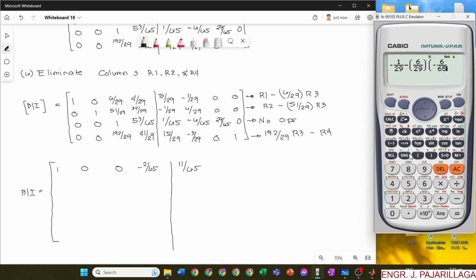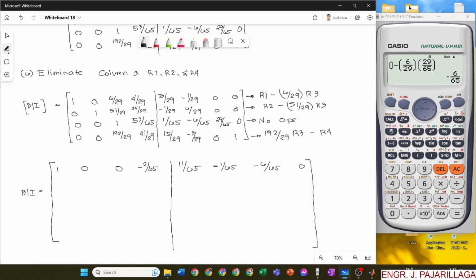Negative 6 over 65. And the answer is negative 1 over 65. Okay. And then we have 0 minus 6 over 29 multiplied by 29 over 65. So you have negative 6 over 65. And then 0 minus 0 is 0. Okay? So itaas ko lang ng konti.